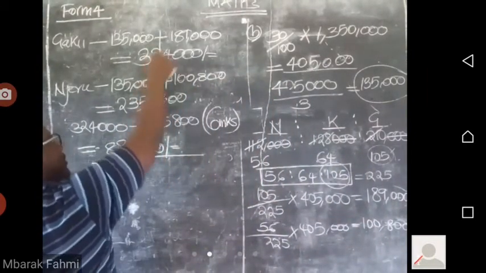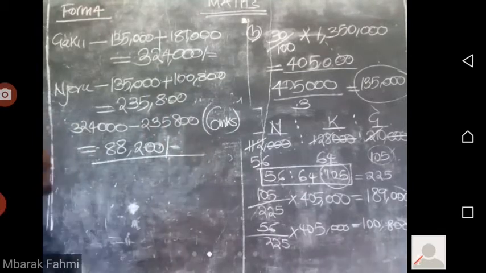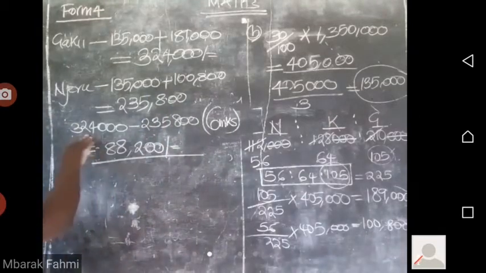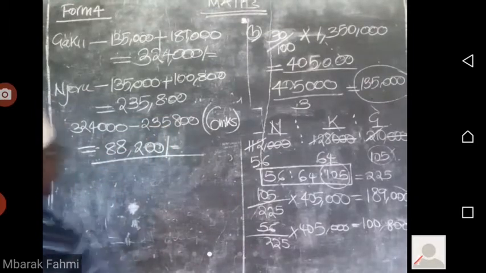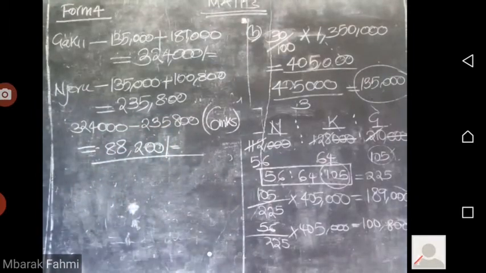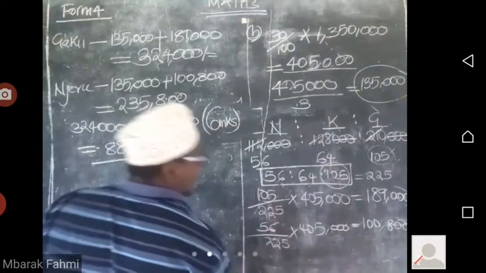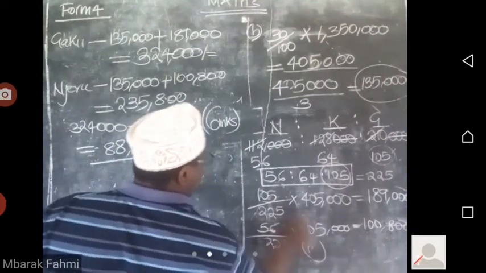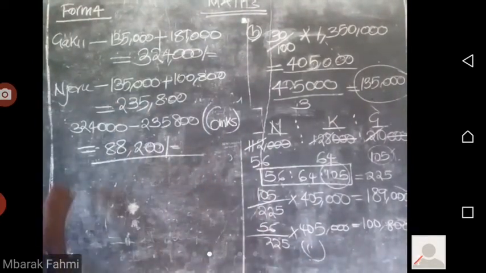You add the totals and subtract the two, and the difference will be 88,200 shillings. So this was 6 marks, 1 mark here, 7.